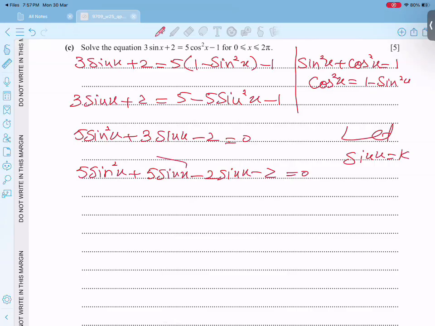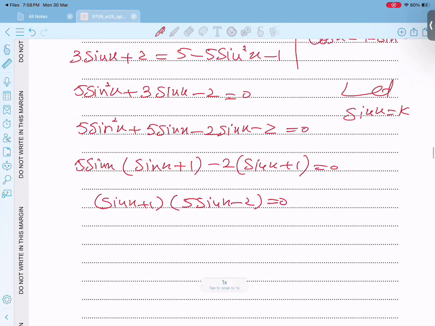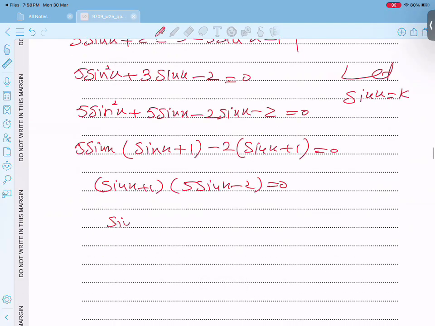What is common from here? 5 sine common out, I'm getting here sine x plus 1. From here, negative 2 common, I get sine x plus 1. So sine x plus 1 and 5 sine x minus 2, and I'm getting two answers: sine x is equal to negative 1 and sine x is equal to 2 over 5.